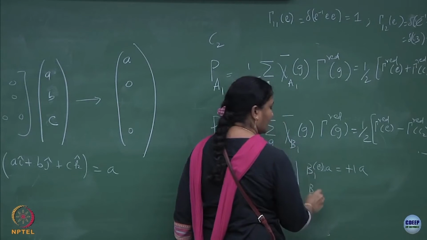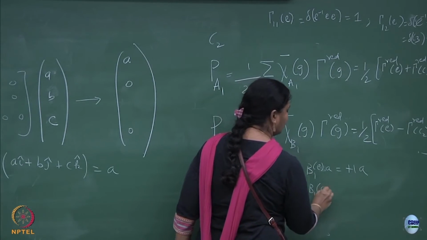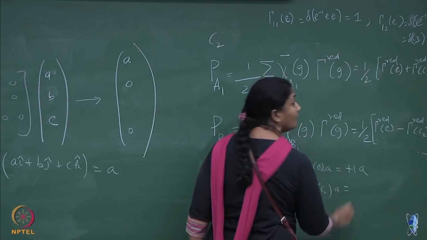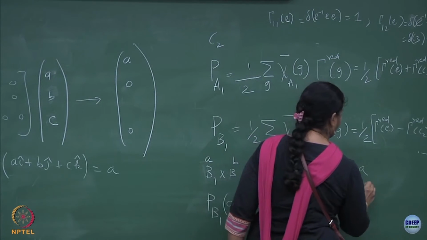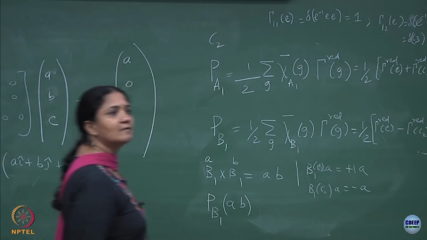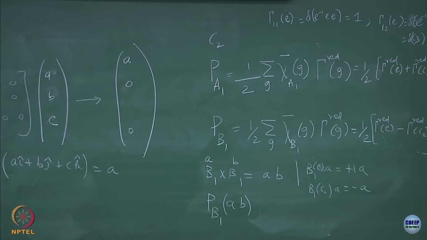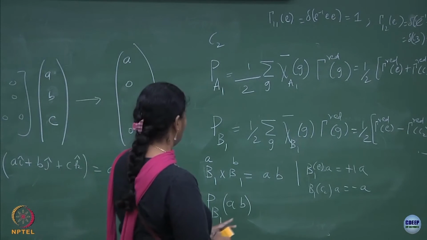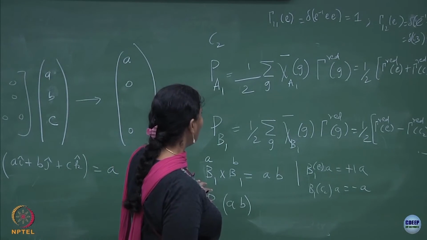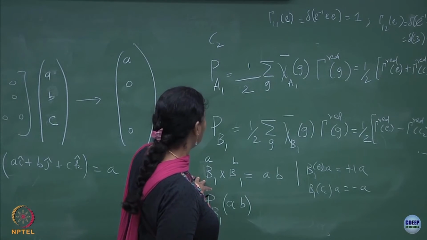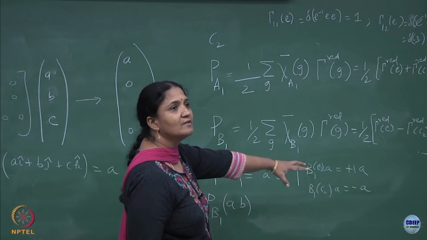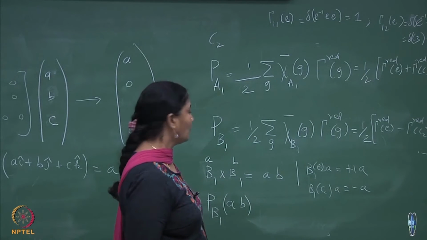The irrep corresponding element, which is C2 on A, will be minus of A. That is the meaning of this, right. So, now you can try and do these projection operators on this and see what you get.